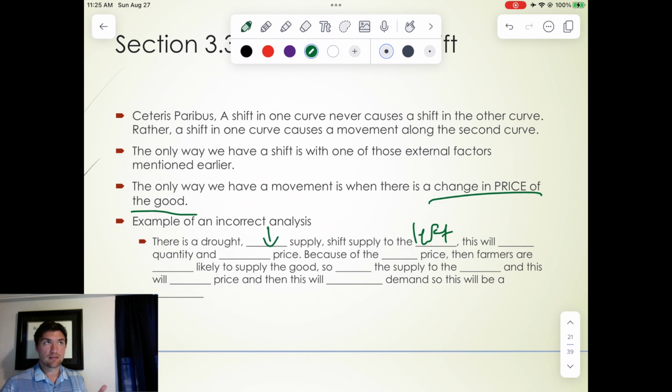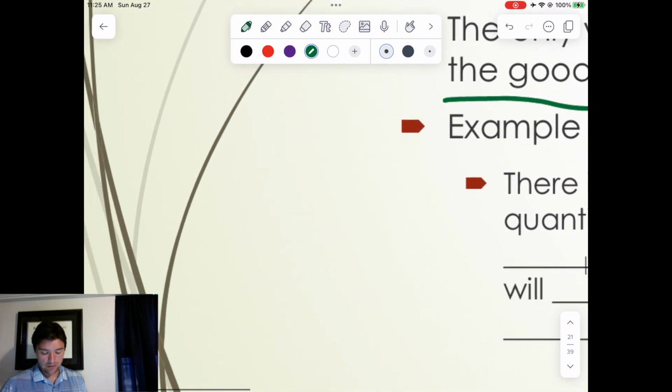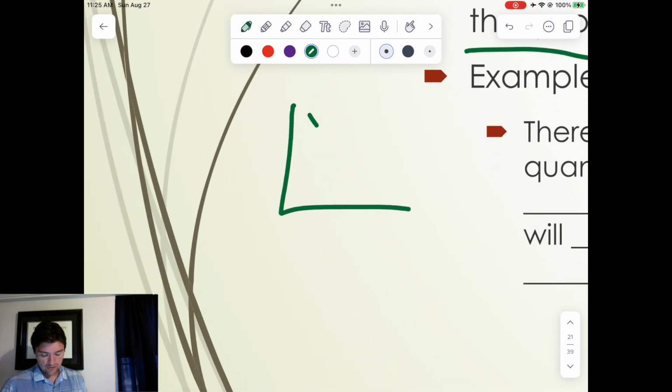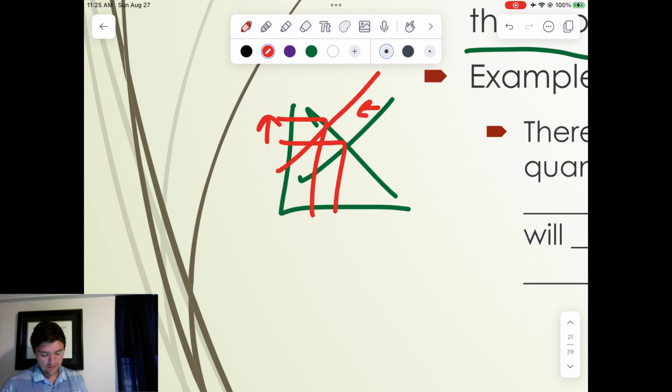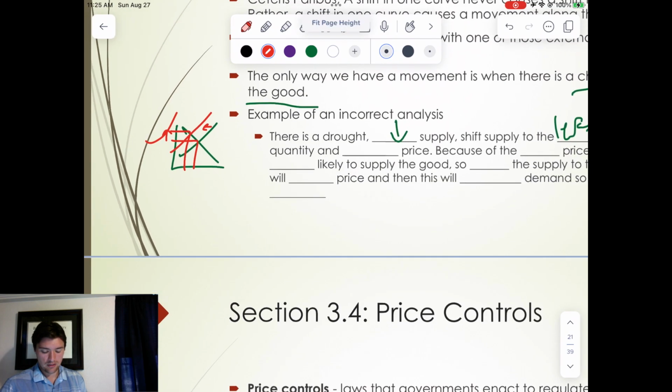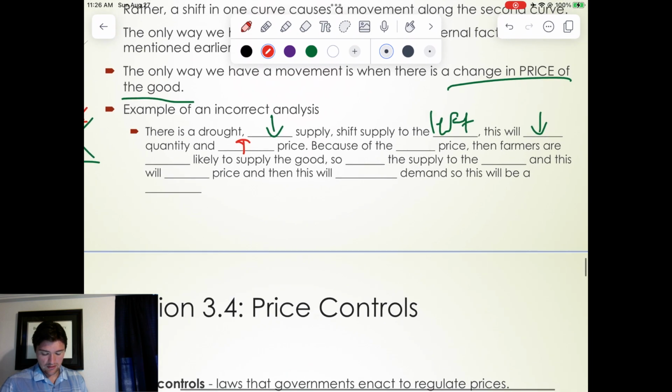Okay, we're having less stuff, so quantity will go down, so a decrease in quantity. And because of that, what would happen? Well, I don't know either, so let's draw it. We would decrease the supply, and sure enough, it's going to be an increase in price.